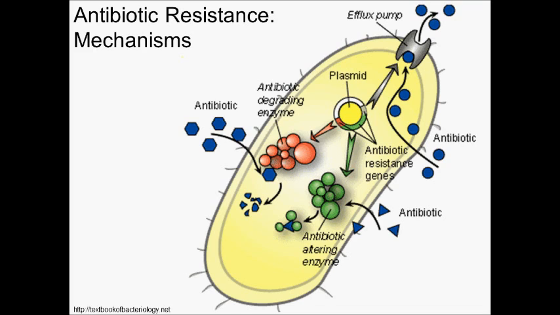antibiotic. The resistance mechanism is commonly, or quite often, encoded on plasmids. Those are extrachromosomal DNA elements. This is significant because these plasmids can be exchanged amongst bacteria.